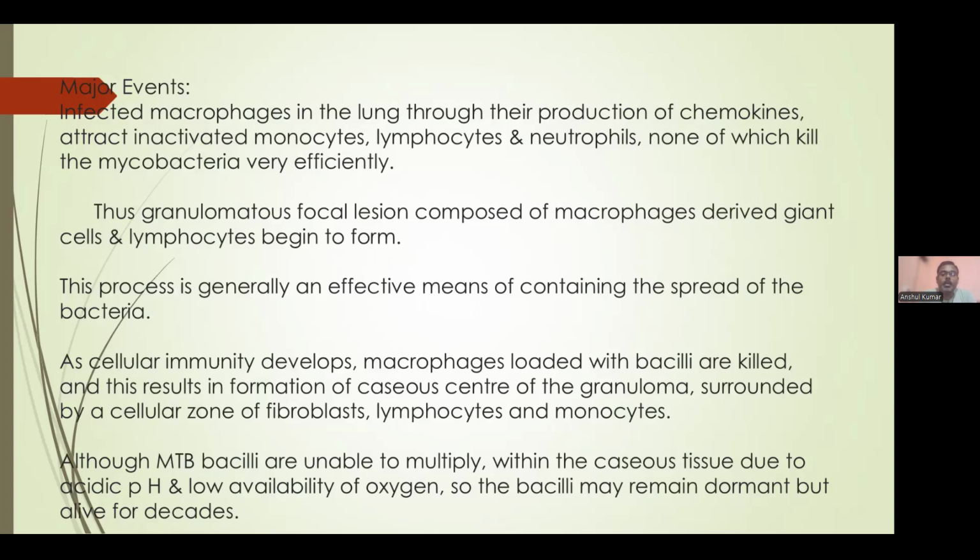And as the cellular immunity slowly develops, macrophages loaded with bacilli are killed, and this results in formation of the caseous center of the granuloma surrounded by a cellular zone of fibroblasts, lymphocytes and monocytes.